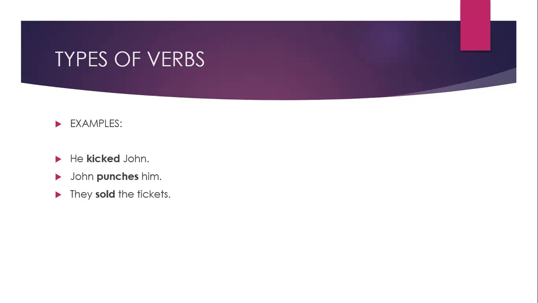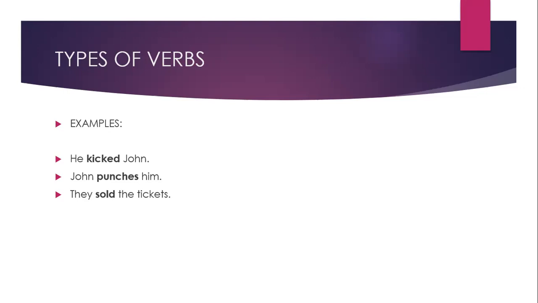It's followed by an object that receives the action of the verb. John punches him. Here, him receives the action of John punching. So punching here is a transitive verb and it is followed by an object. They sold the tickets.